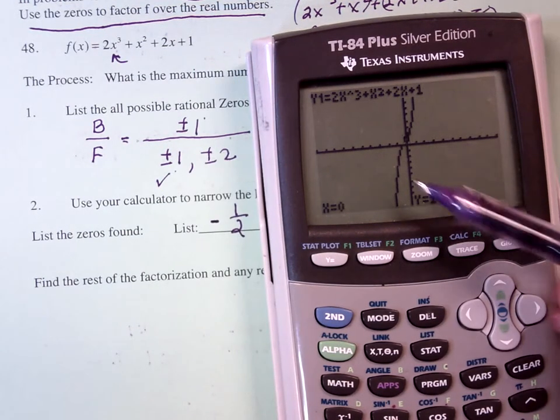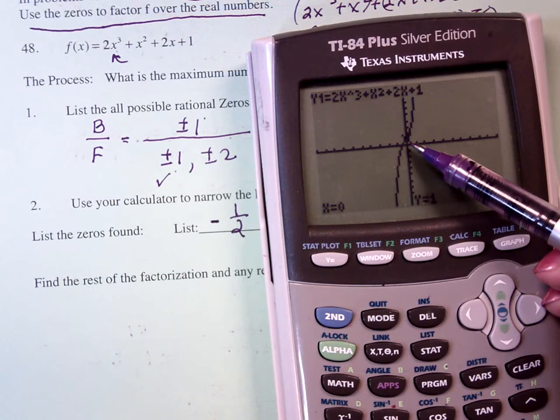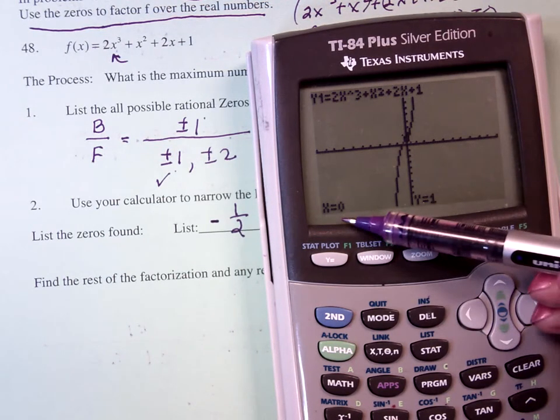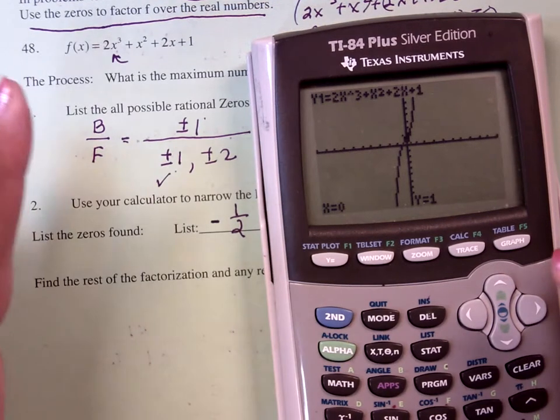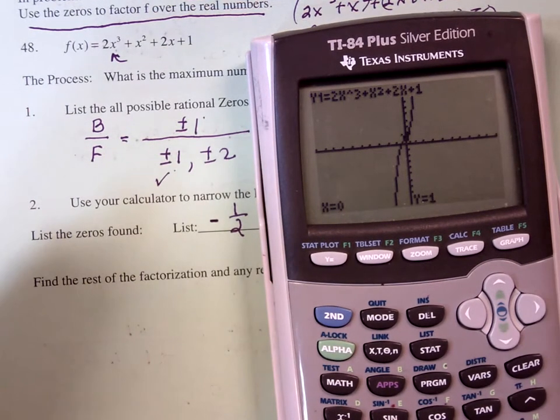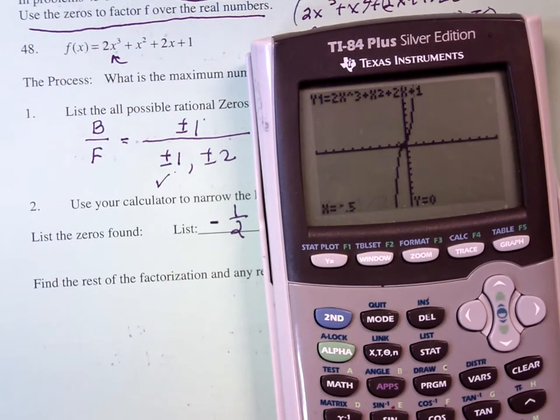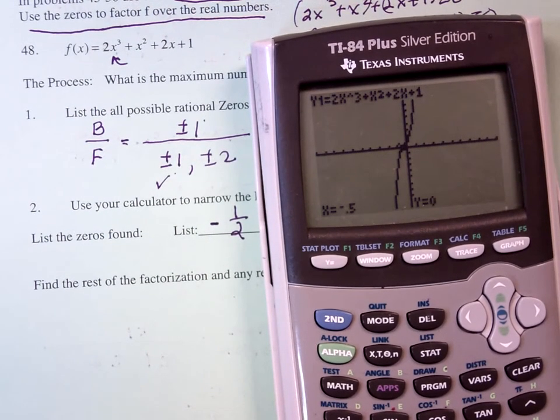You see the bug on the graph right here. I'm now on the graph proper. This says if x equals 0, y equals 1. If I type in what I think my 0 is, -1 divided by 2, press enter, you notice it says if x equals -1/2, y equals 0.